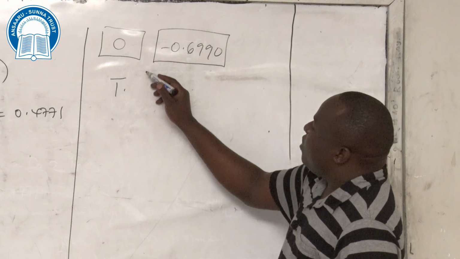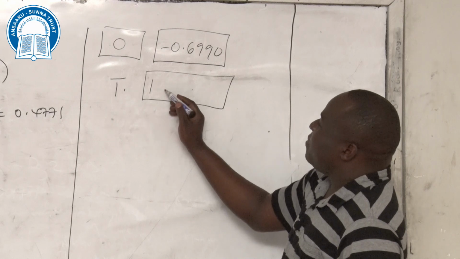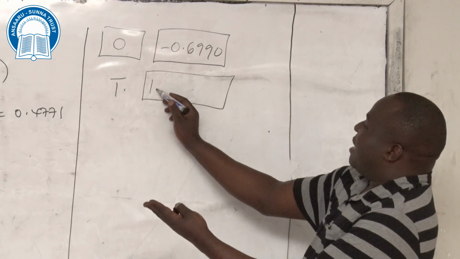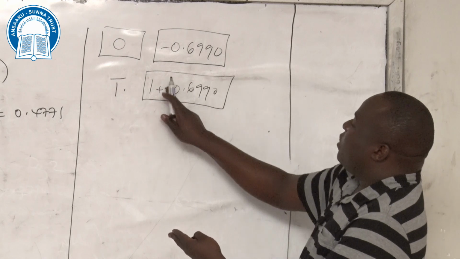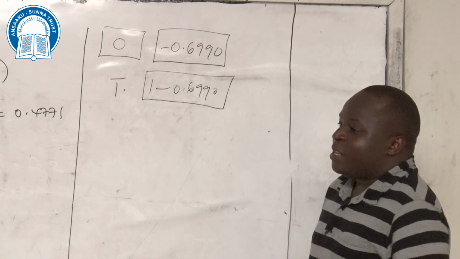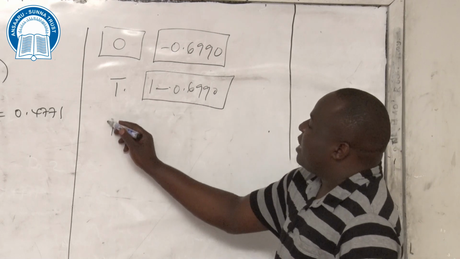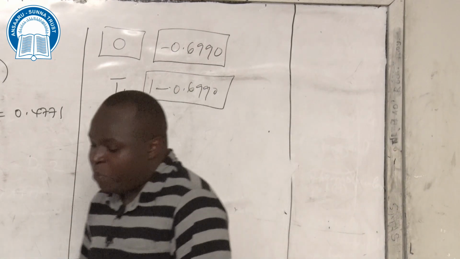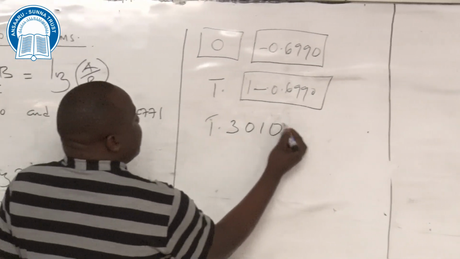Then the 1 I borrowed, I'll add to this value. So it's 1, and adding it is like plus minus 0.6990, which is actually the same as minus. So if you solve this out, you will end up getting bar 1.3010.